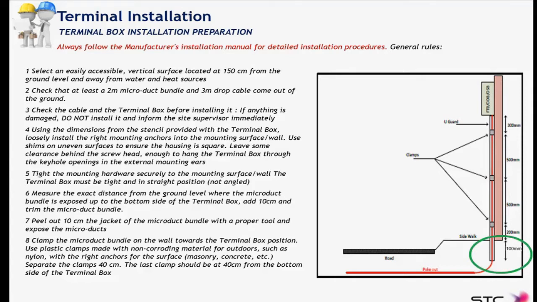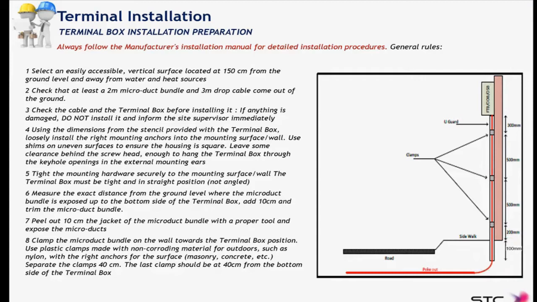Now in the new specification, it is only 10 centimeters. The reason being that we don't want the cable or the duct to be kinked at this position. If you pull this U-guard all the way down to 30 centimeters, it will be too close to the horizontal duct. So this radius is very sharp and we will eventually be kinking the duct and damaging the cable.